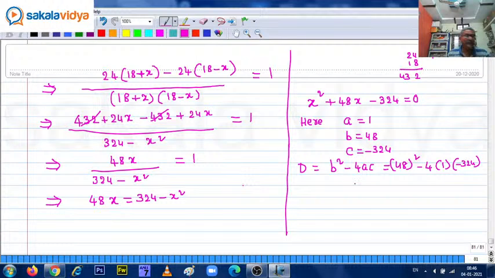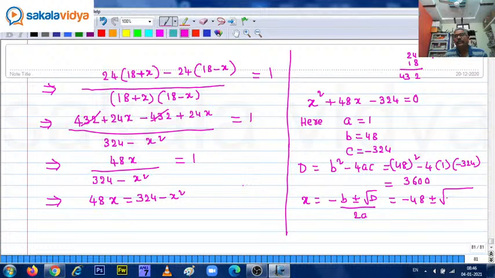If you simplify this, you will be getting 3600. You can check it now. So x is equal to minus b plus or minus root d by 2a. So minus 48 plus or minus root 3600 upon 2a. 2a means 2. So now this equals to minus 48 plus or minus 60 upon 2.